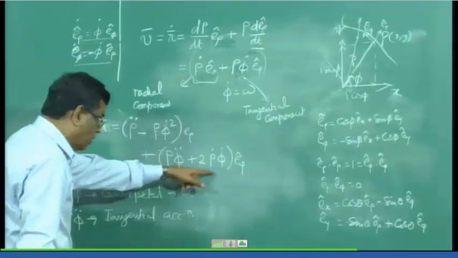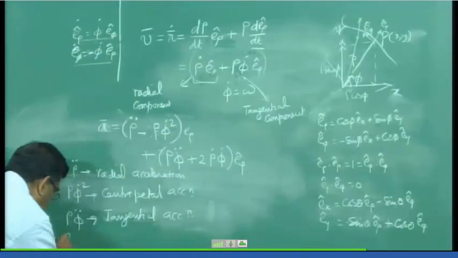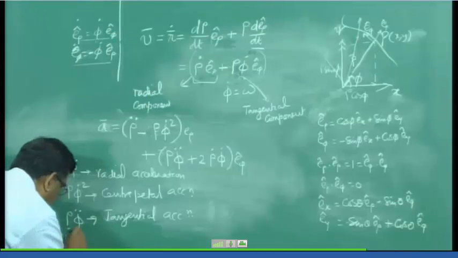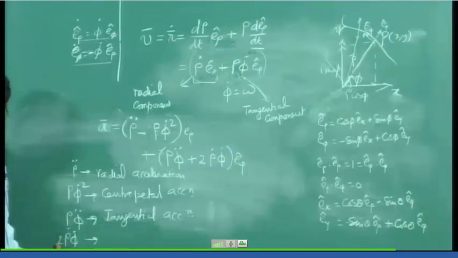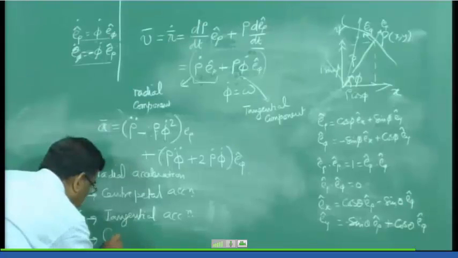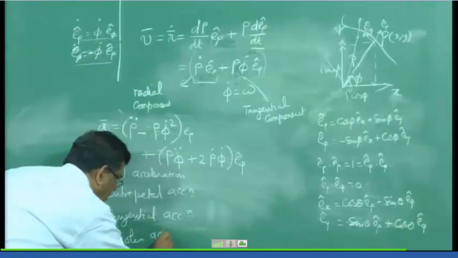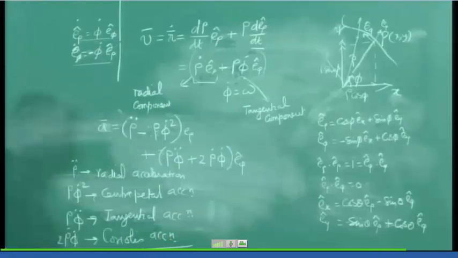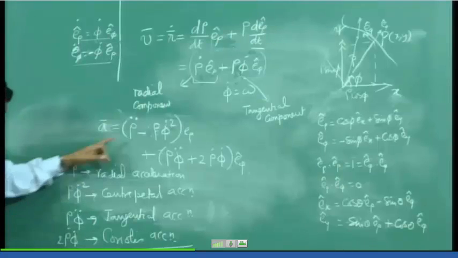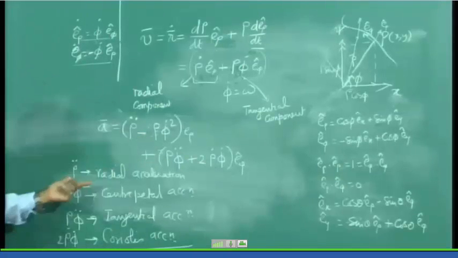Then we have one more term. What is that? 2 rho dot phi dot. This is a new acceleration that I am getting. This is called the Coriolis acceleration. So all the four can be understood.